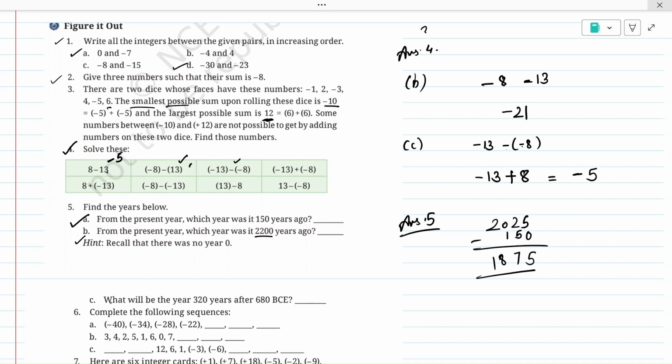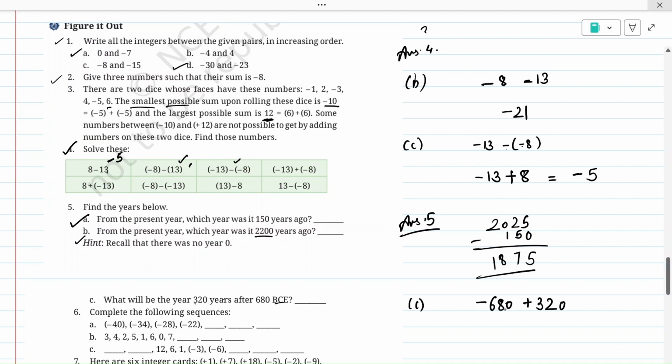And the last one is, what will be the year 320 years after 680 BCE? Kids, here, when we say 680 BCE, this is before Christ. So before Christ, we take the years in negative. So we will have minus 680, and after 680, we have to find 320 years after it, means plus 320.